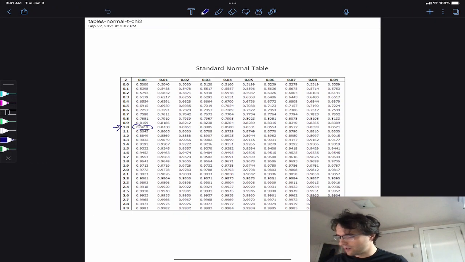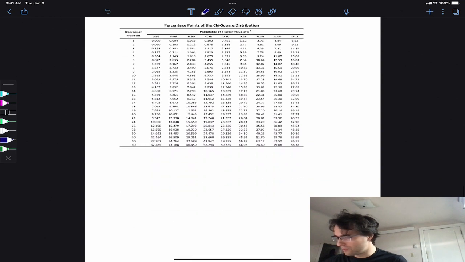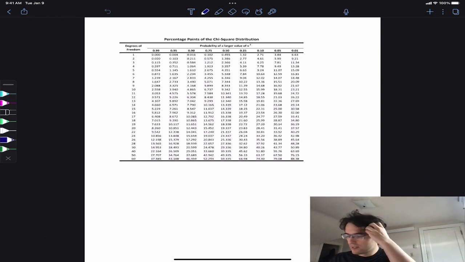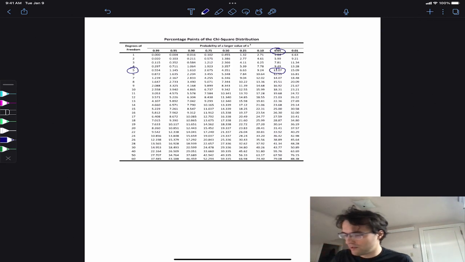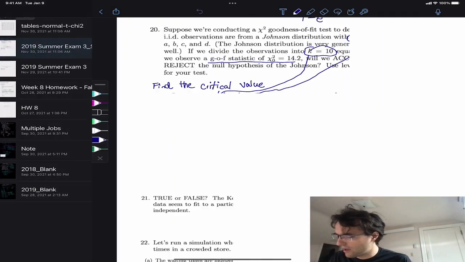So we go to our table, and we want to go to the bottom one, which is the chi-squared table. And we look at our degrees of freedom, which is 5, and our significance level is 0.05. And so that is 11.07. I just found this value.